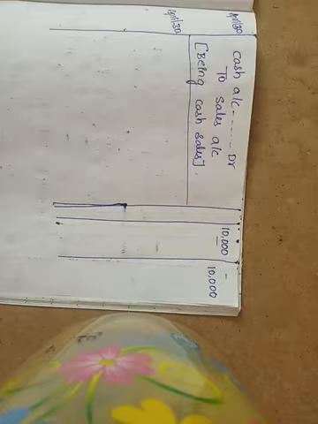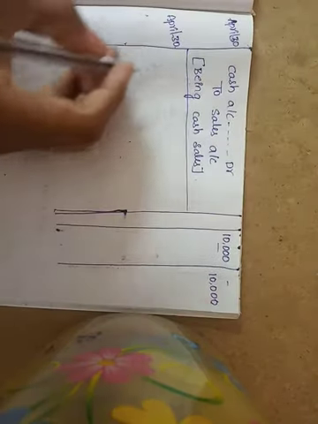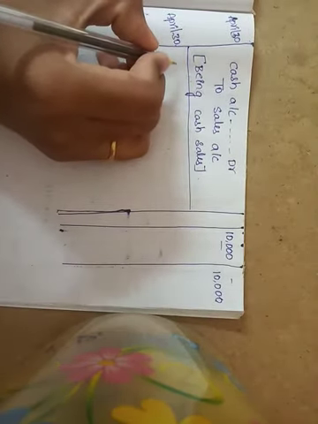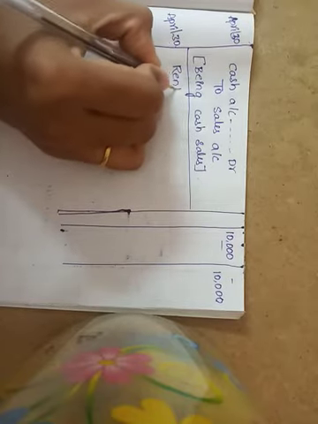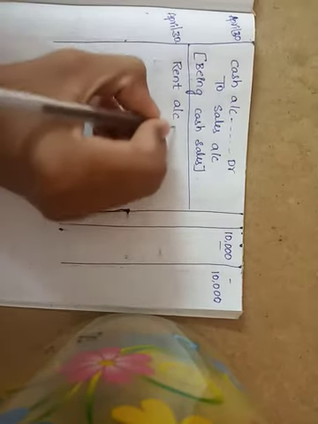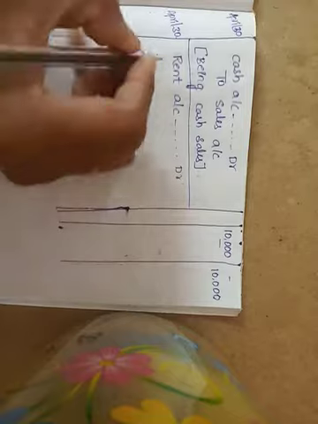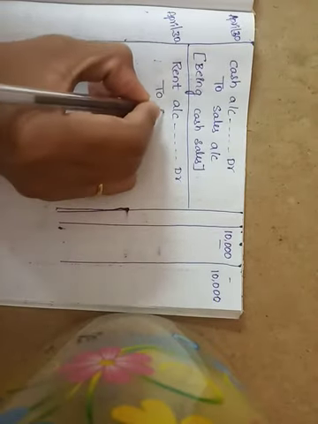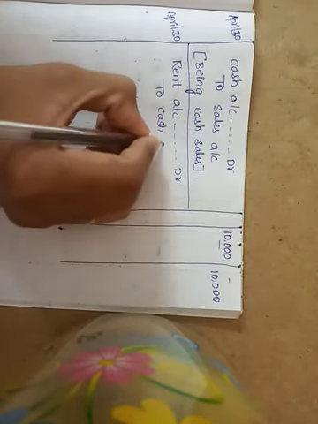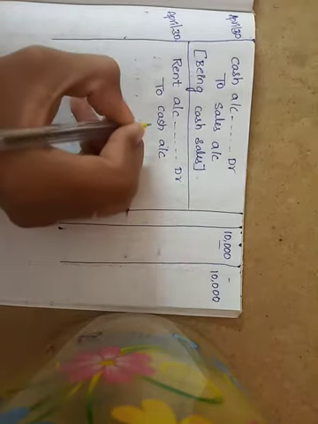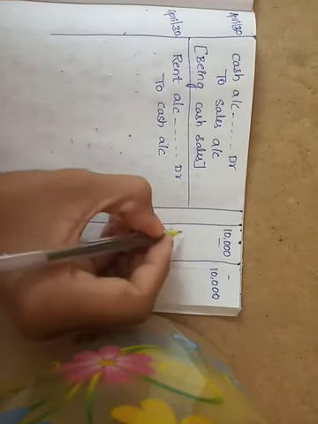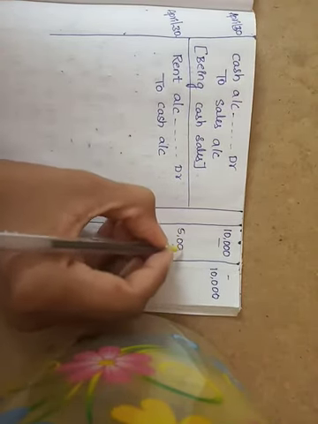So the entry is rent account debit to cash account, amount of rupees 5000.